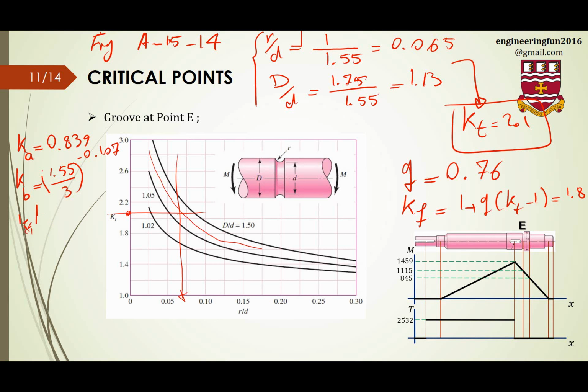Okay, Kb will be 0.839, and then we can find Se by multiplying Ka, Kb, Se prime. The other factors are 1, so Se in this case will be 25.2.